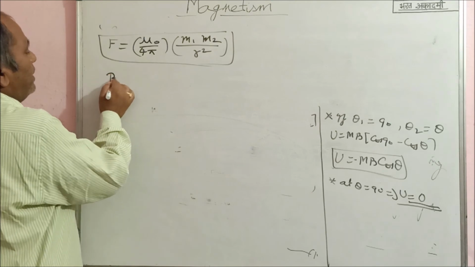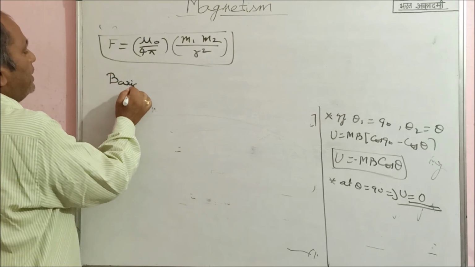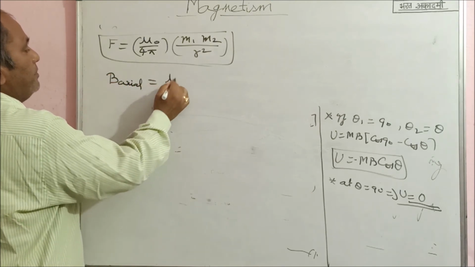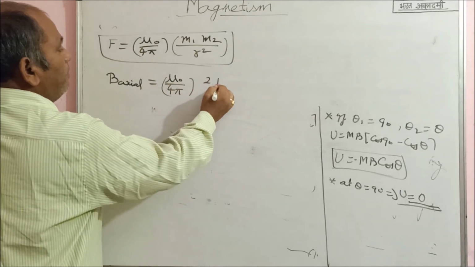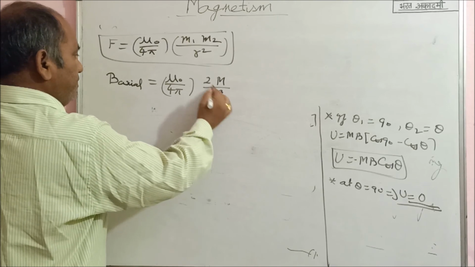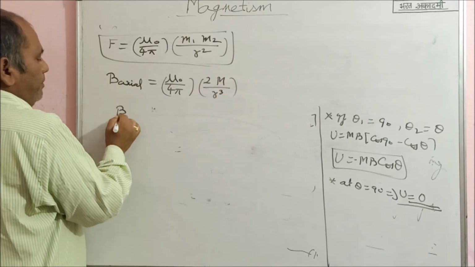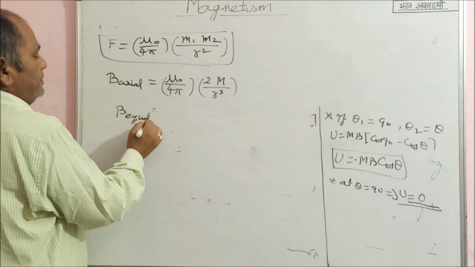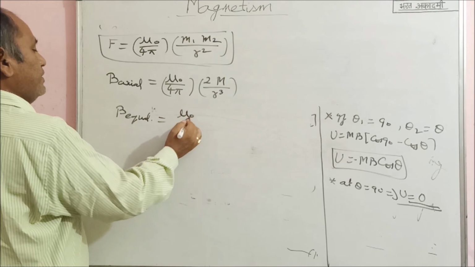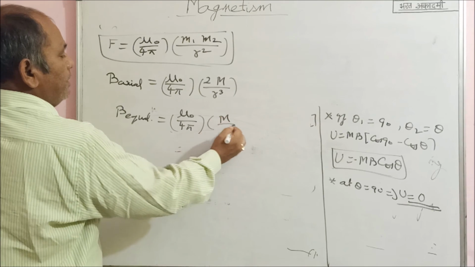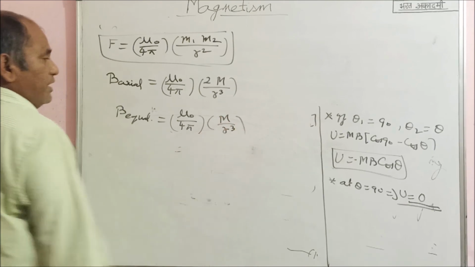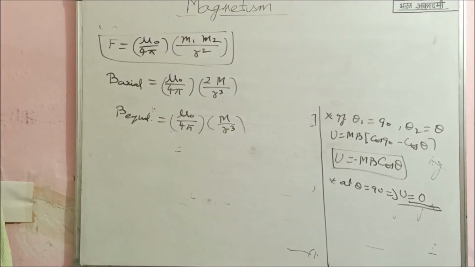Similarly, if I calculate B axial magnetic field, it will be mu 0 by 4 pi, 2m by r cube. B equatorial, just like that. Those articles what we have done will help you in numericals. B equatorial, m by r cube, right? That's how we do it.